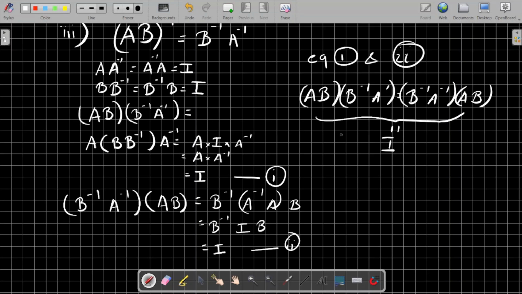Now if you observe this, this is similar to writing that C into some other matrix, let's say D, equals D into C equals I. So this will imply that C inverse equals D, right? But C in our case becomes AB. So (AB) inverse equals B inverse A inverse.